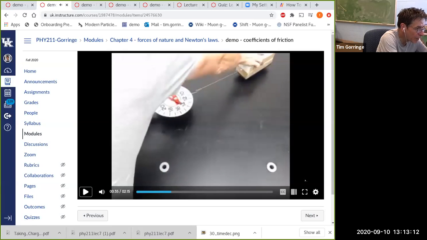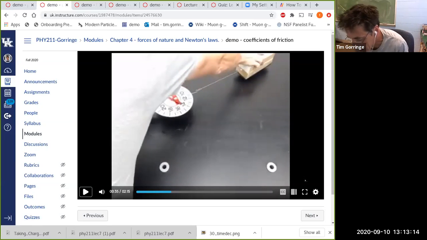I'm going to slow it down because what I'm going to do is pull the block on the four different surfaces across the tabletop. One thing you want to watch is the little meter that I have attached to the block on the string. It measures the tension in the string. It measures the force that I need to pull the block.